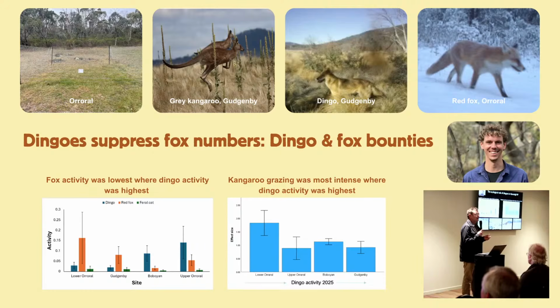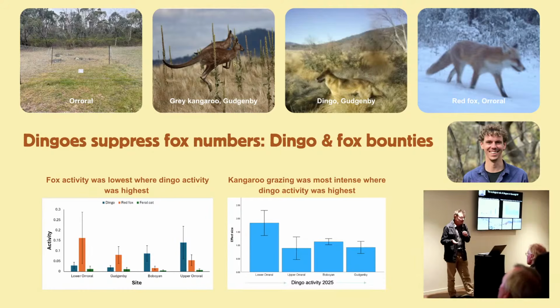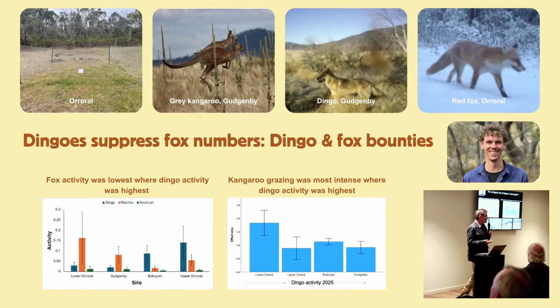So the grazing effects of kangaroos is greatest where there's very few dingoes. So it's a very similar relationship to what we've found elsewhere in the country. So dingoes are having these strong effects in Namadgi, just like they are everywhere else.